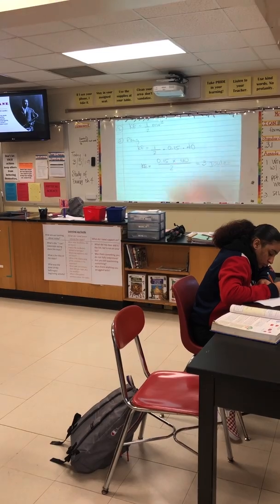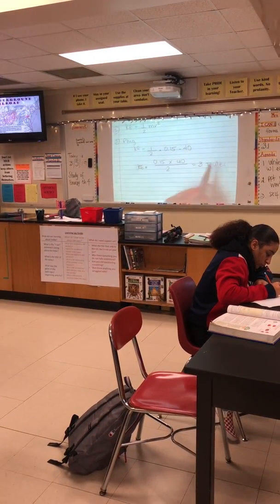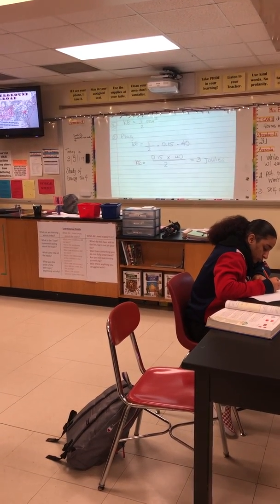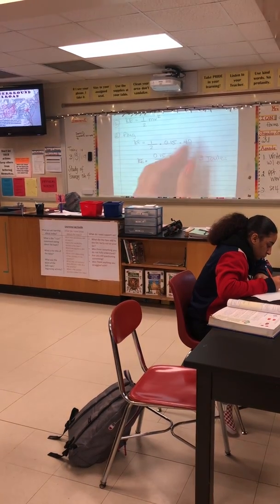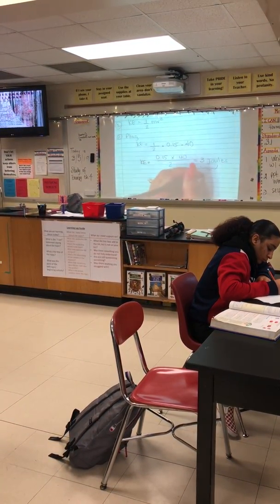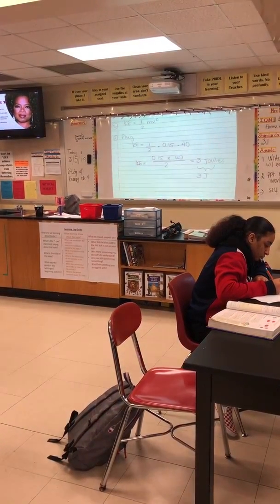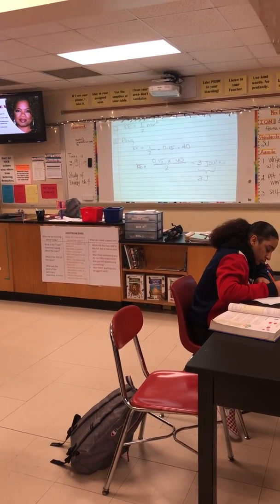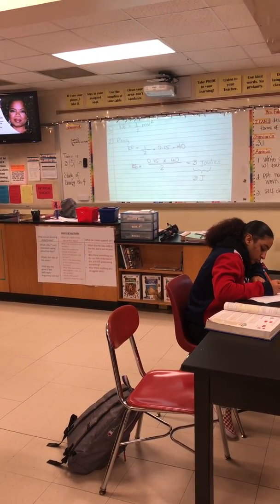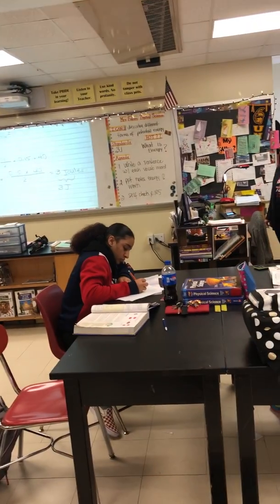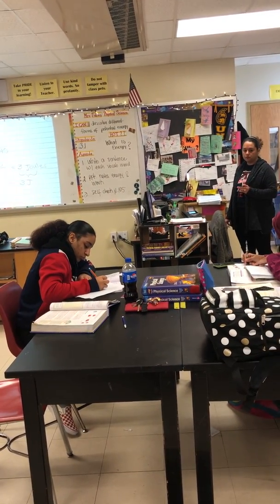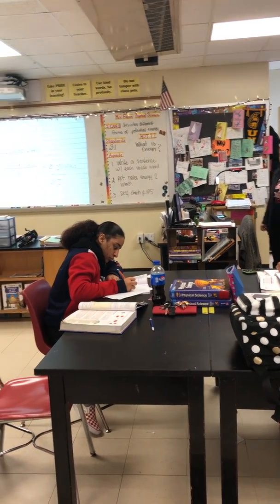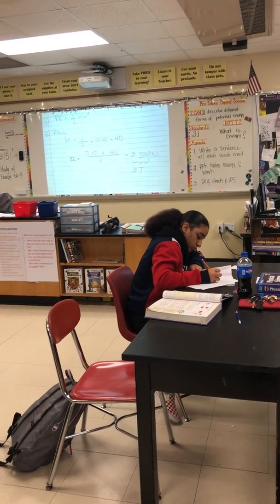And how do I abbreviate joules? A little j? No, a big J. A capital J. 3 joules. Questions about number 1? Clap if you're ready for number 2.